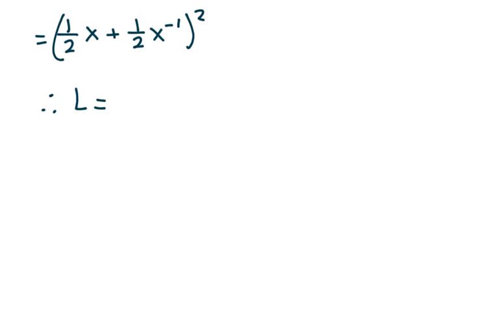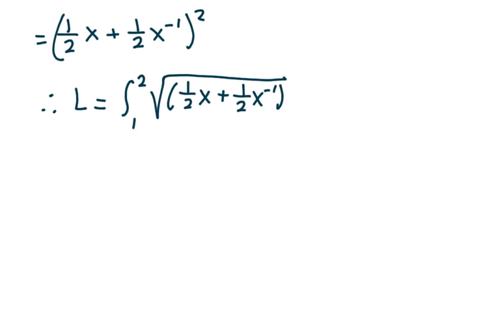And this turns into 1/2 x plus, let's try that again. This is 1/2 x plus 1/2 x to the negative 1, and I'm going to square it. So L is the integral from 1 to 2 of the square root of 1/2 x plus 1/2 x to the negative 1 to the second dx.